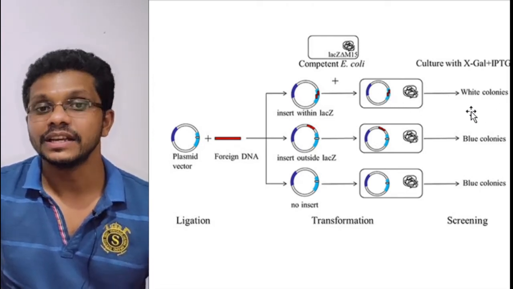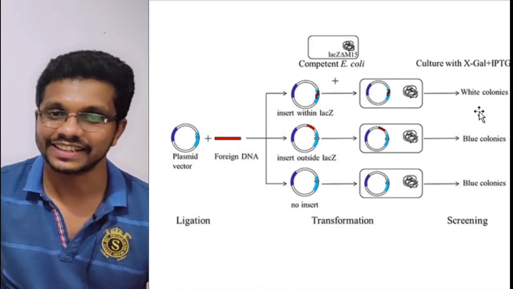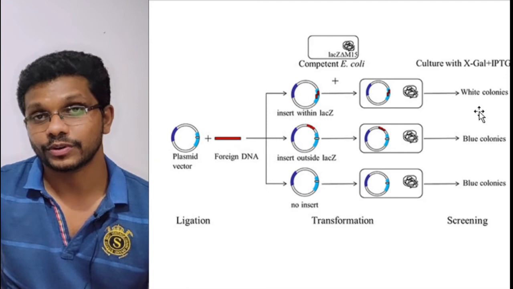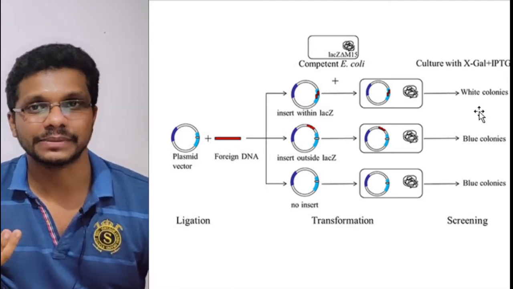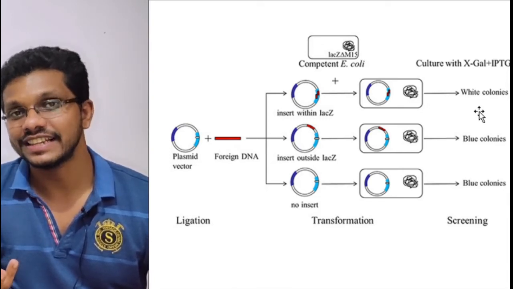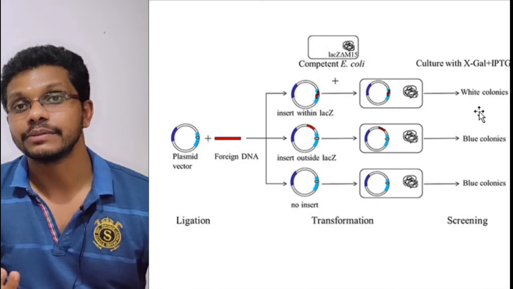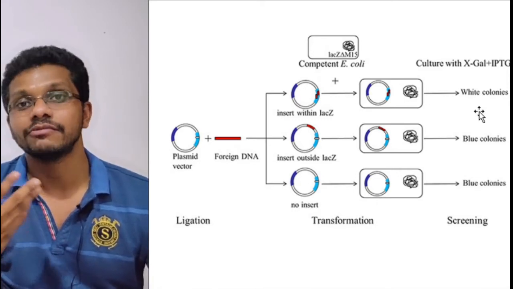Those cells will be white in color. So the bottom line is, in the case of pUC18, if the cell has the recombinant plasmid, it will produce white colonies. If it gets a non-recombinant plasmid, it will be blue in color. So we want the recombinant plasmids, and recombinant plasmid cells will be white in color.